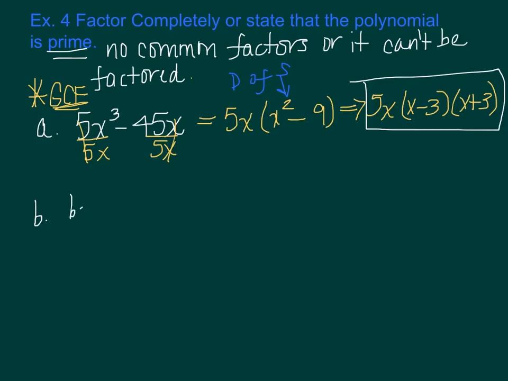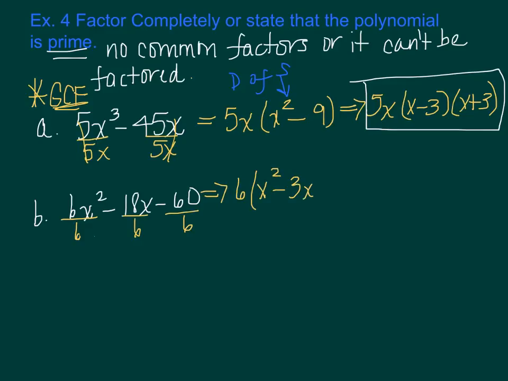B. 6x squared minus 18x minus 60. Look for that GCF, which in this case is 6. And if I divide each one, I'll get x squared minus 3x minus 10.